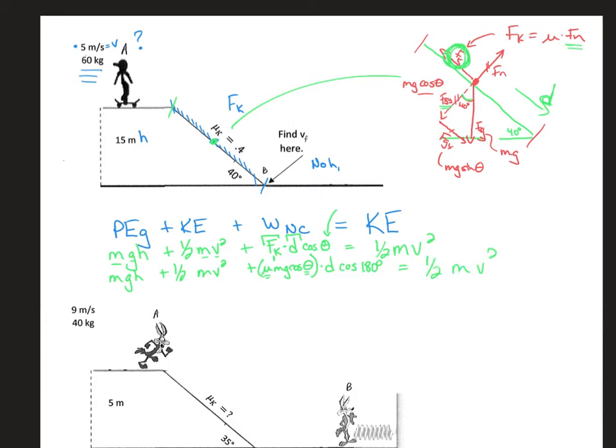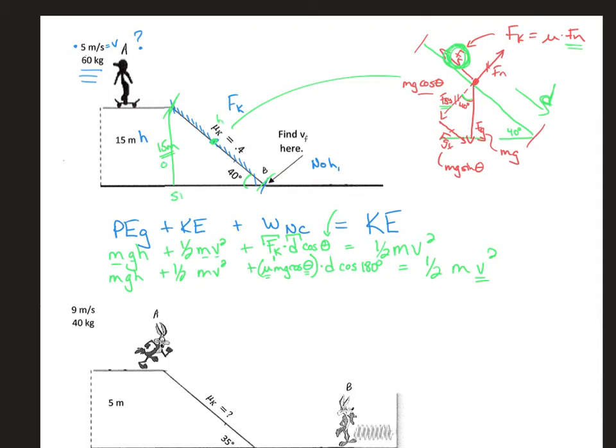Okay, so it takes arguably more time to set it up than to actually solve it. Notice the unknown is v over here, so we're still a little stuck. We don't know the distance or the length of this hill, but here's how you do it. You know that the height of this hill is 15 meters. You know that the angle is 40. So I could use a little bit of basic triangle trigonometry, not vectors really, and just simply say, if my opposite side is 15 and I want to know the length of the hypotenuse, what trig function has opposite and hypotenuse in it?